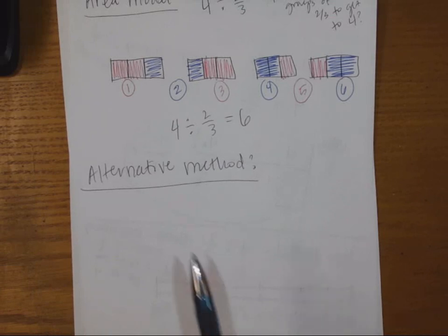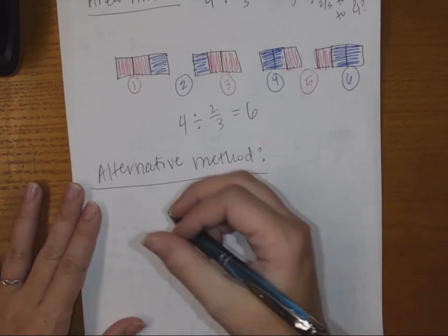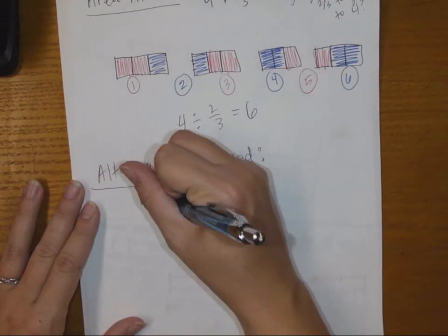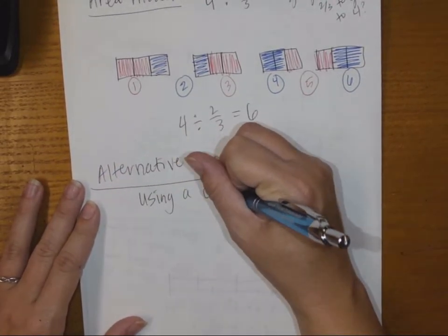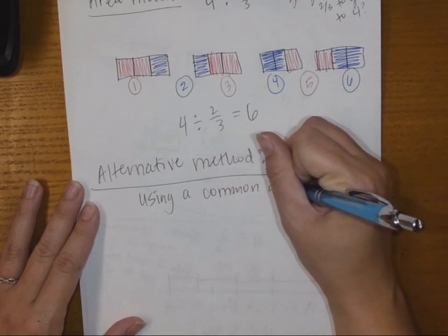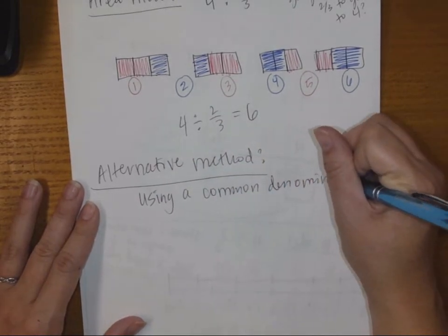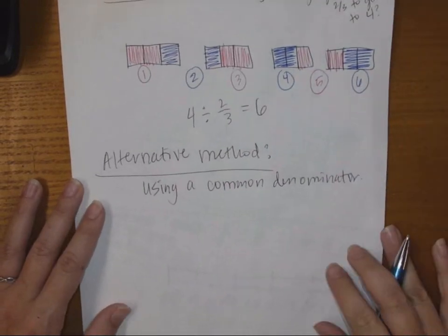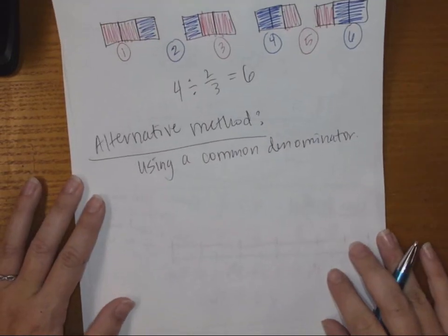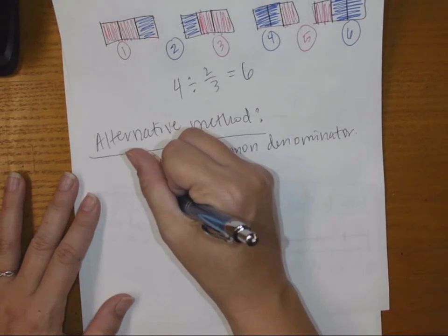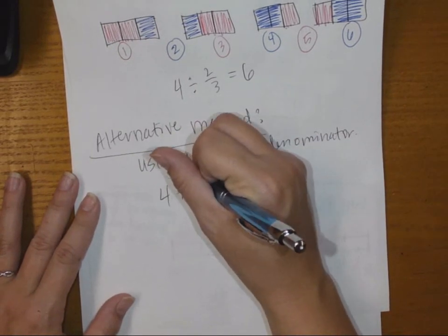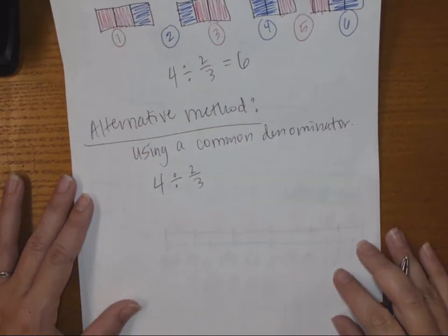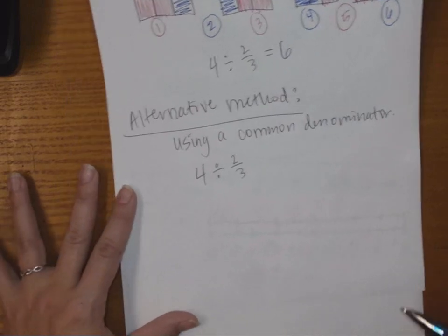Okay, so the alternative method is using a common denominator. If I wanted to divide 4 by 2/3, my first step would be to get a common denominator here.